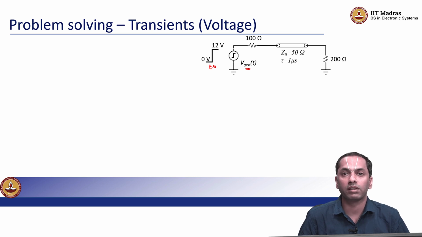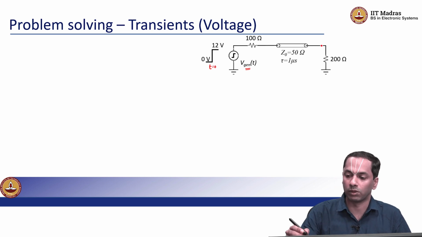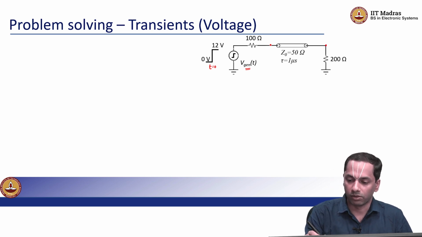One thing that circuit theory has already taught you is how to estimate the steady state behavior, right. So, if for a long time t after the switch has been closed, after t equals 0, I just asked you what is the voltage, we will be looking at voltages at 2 points.